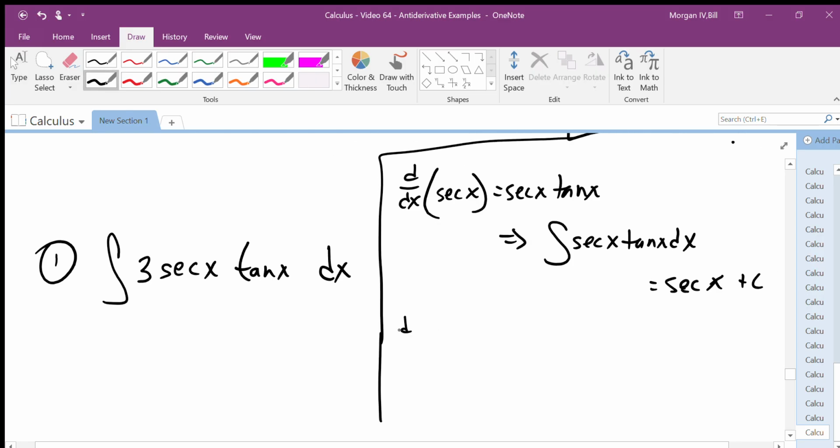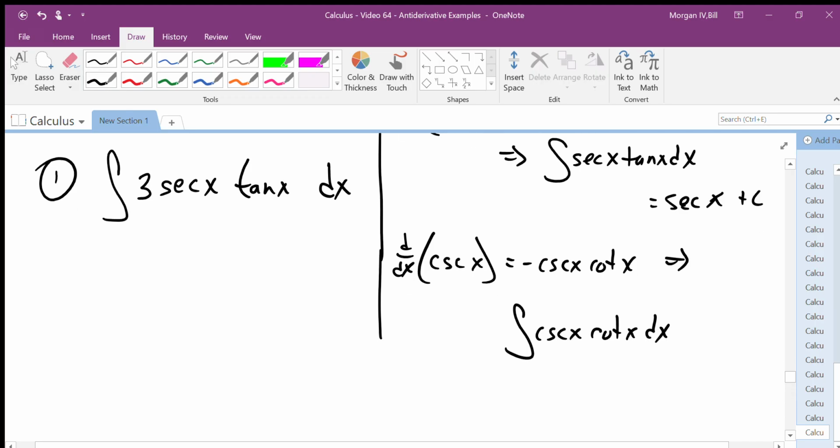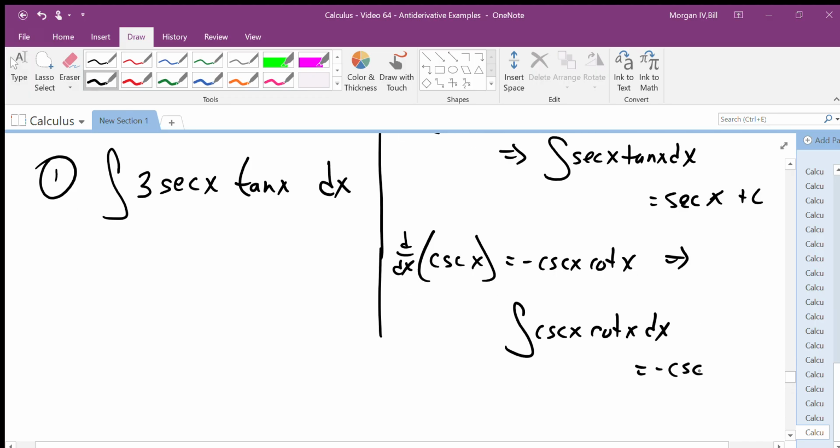Since the derivative of cosecant of x is negative cosecant of x cotangent of x, that means that the integral of cosecant of x cotangent of x dx is negative cosecant of x plus c.